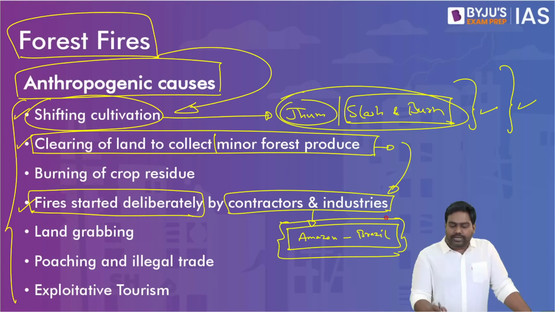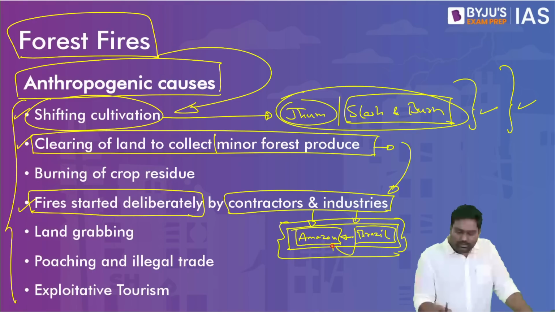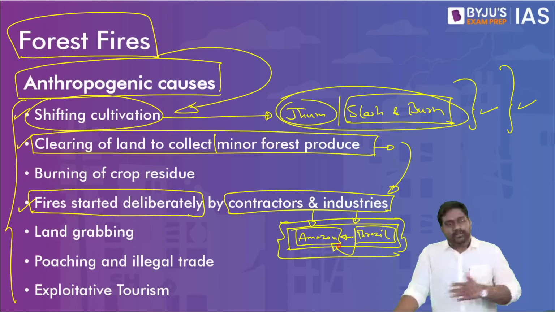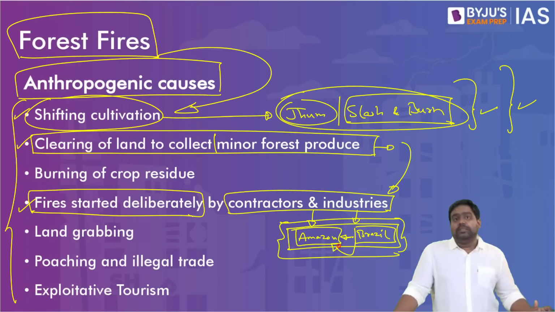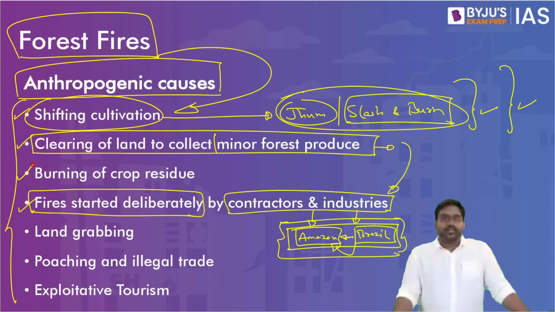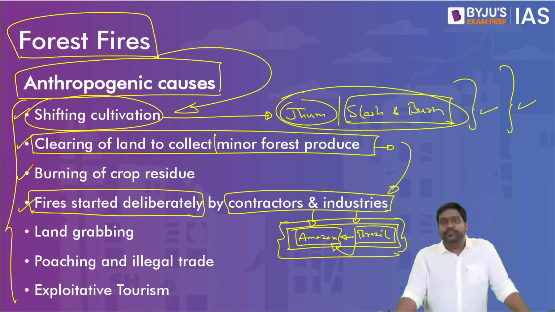He gave off contracts to many industries and allowed them to burn down Amazon by setting deliberate fires. It was this fire which went out of control and consumed a large section of the Amazonian forest. So, government policies, industrial expansion, urbanization, and collection of forest produce by local communities, they're all a threat because deliberate fire is being set near forest areas or inside forest areas.